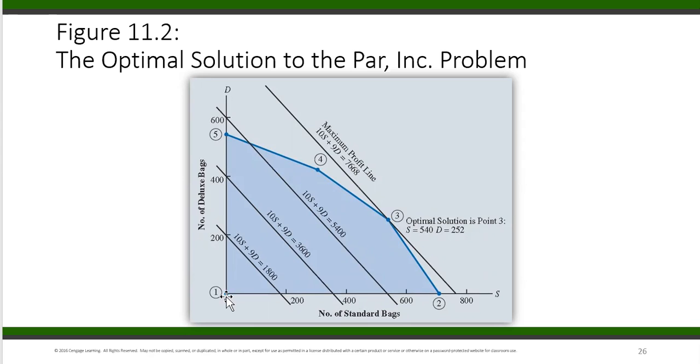And because of this feature, a convex feasible region can be defined by a set of corners. And corners are intersections of boundary lines, basically, right? Boundary conditions. So here we have how many corners? 5 corners. 1, 2, 3, 4, and 5. So corners can be intersection of 2 or more boundary conditions.